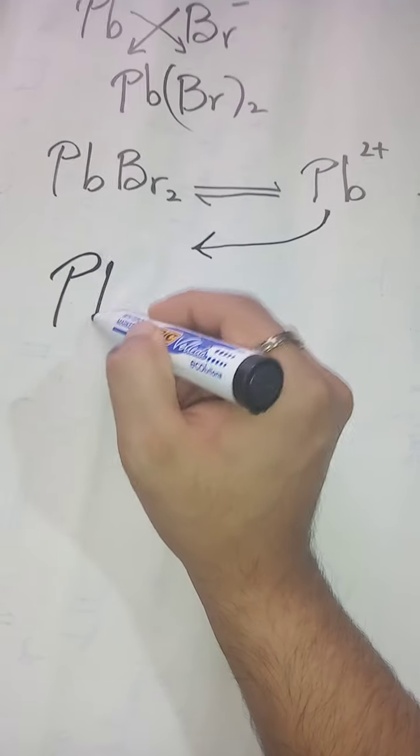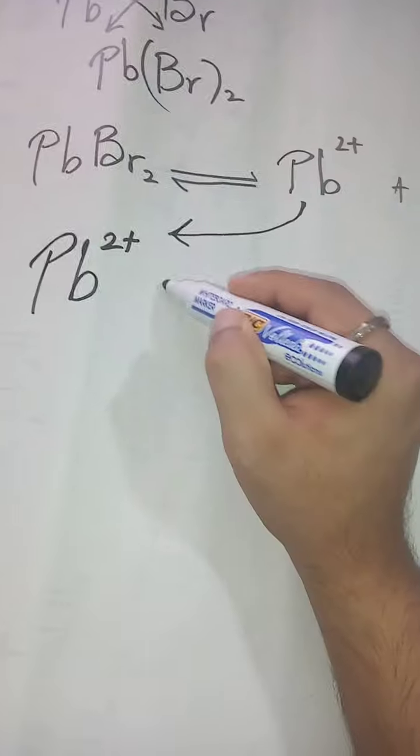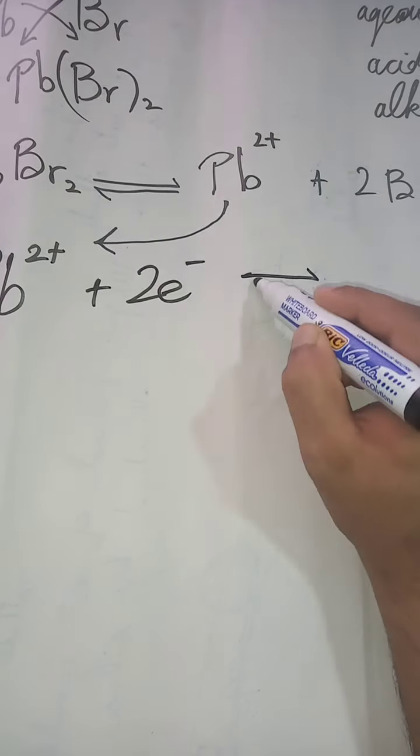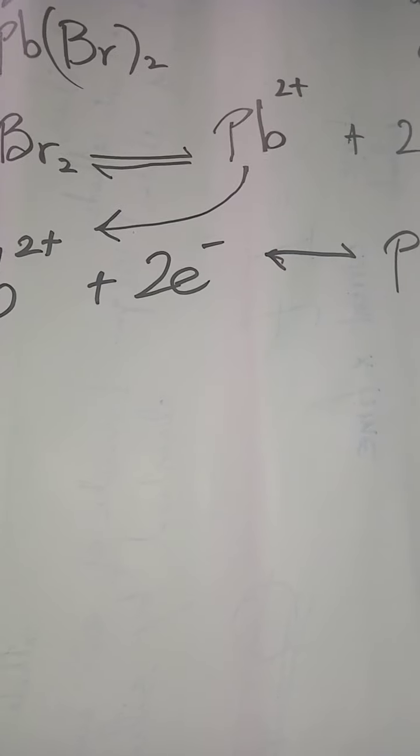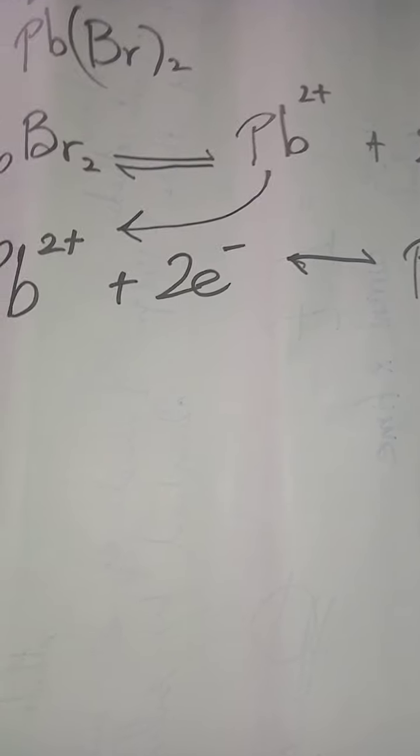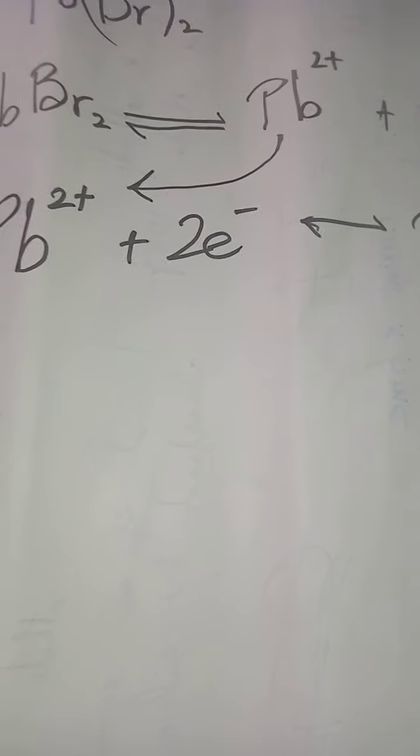And so now if we bring it outside, we'll see that lead, in order to assume back the metallic form, it'll have to take 2 moles of electrons to become metallic lead. That's how things are for now.